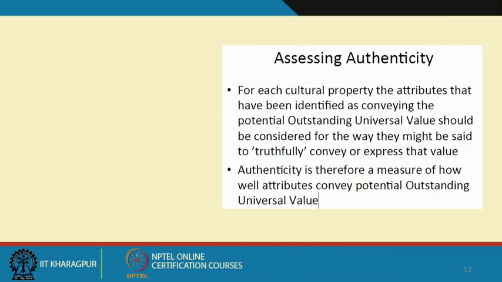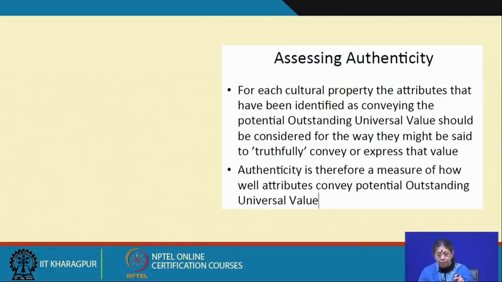In case of a World Heritage Site, it will be the outstanding universal value, and these should be considered for the way they truthfully convey or express that value. Authenticity is therefore a measure of how well the attributes convey the potential outstanding universal value.